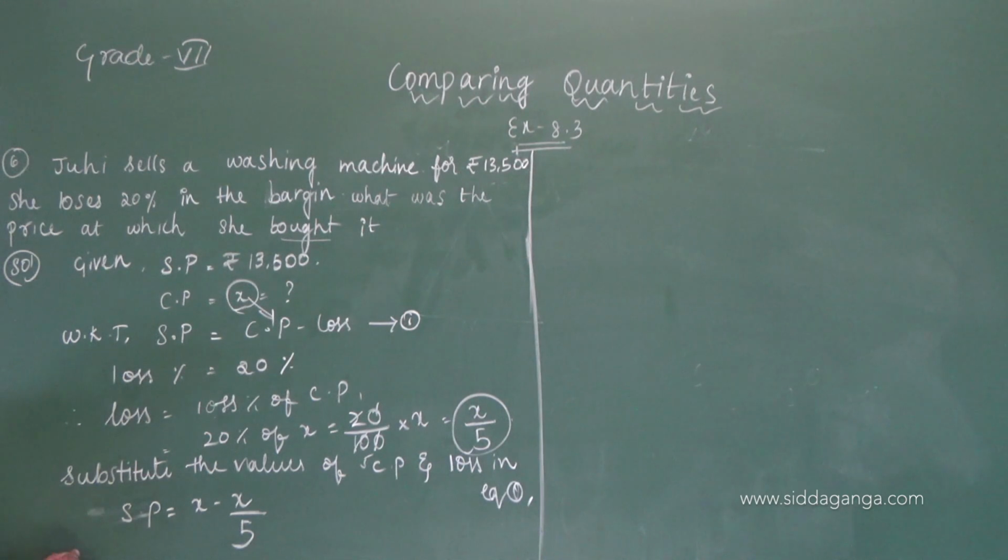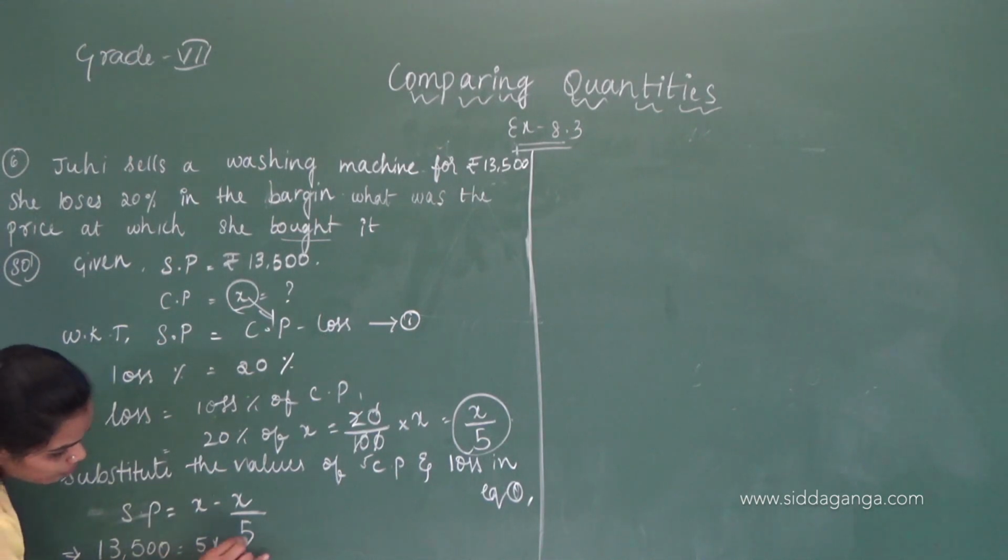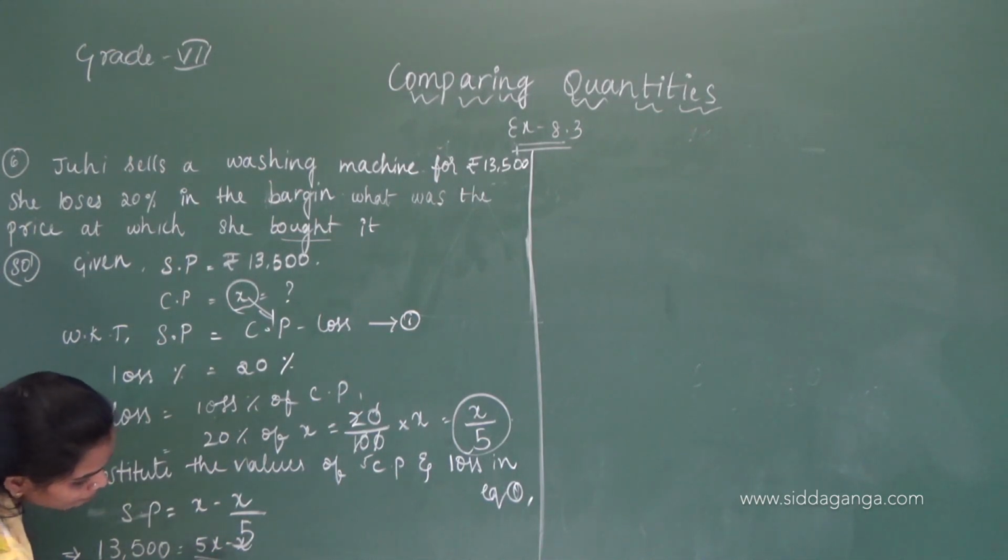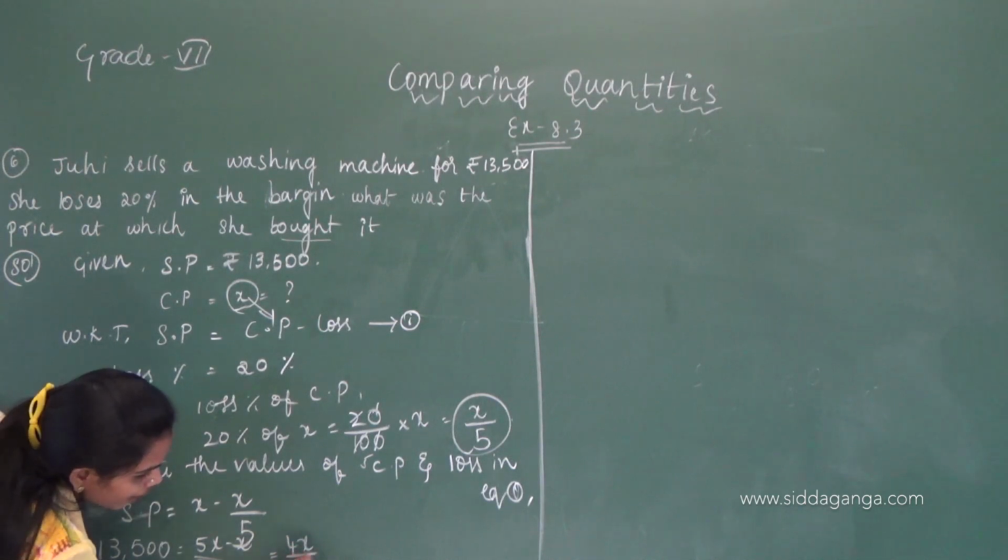That implies SP of that particular item, 13,500, equals 5X minus X by 5, that is equals 4X by 5. Already in yesterday's class we did this, but I am repeating it.